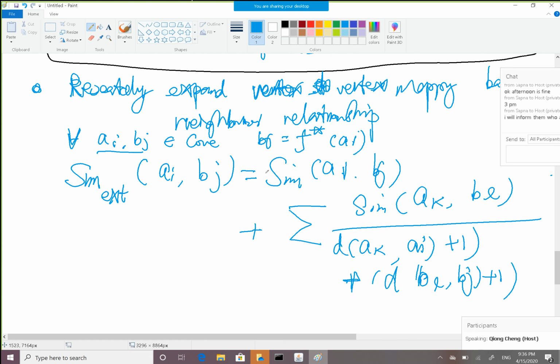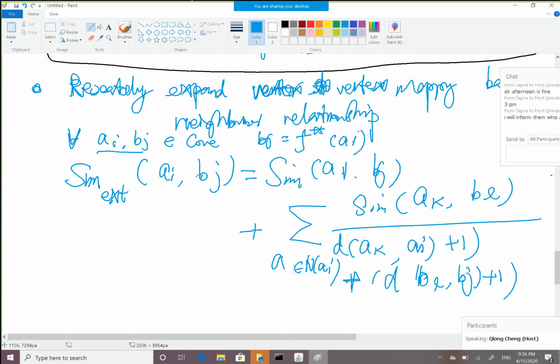They wanted to say this because it could be a multi-step neighborhood relation, and you use one divided by that to get the average contribution of the labels. Okay, so this AK belongs to the neighborhood of AI.